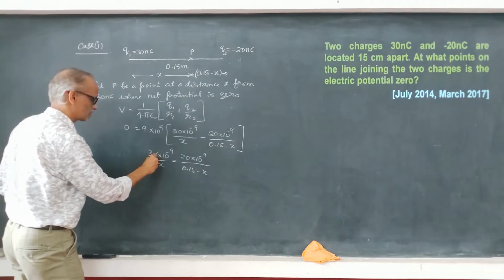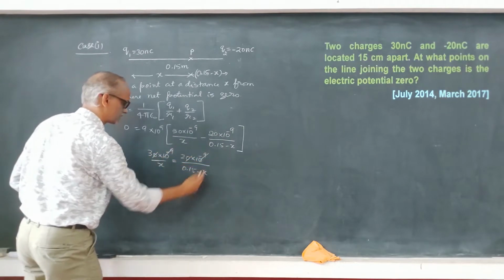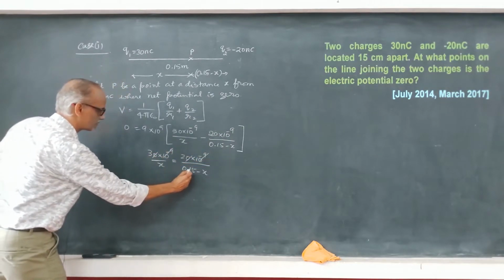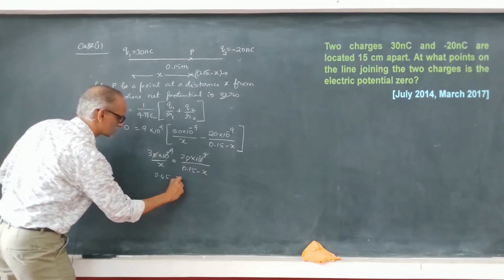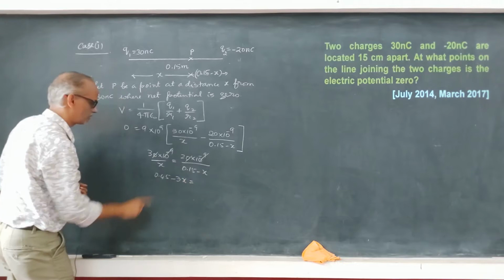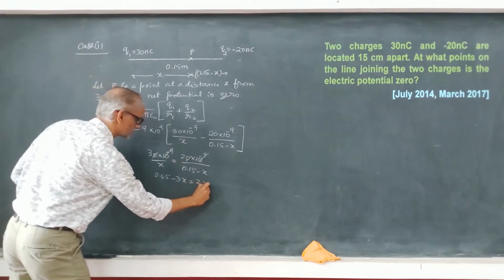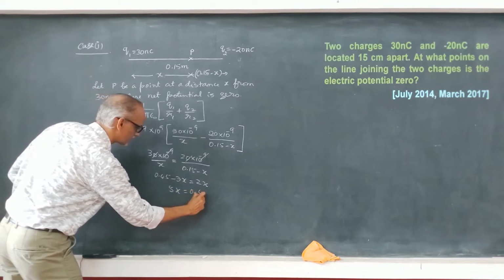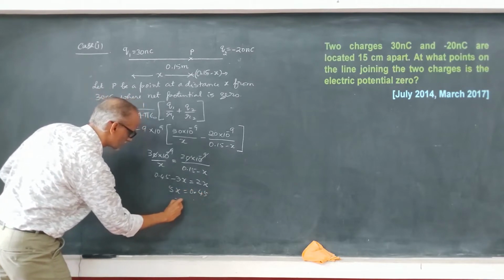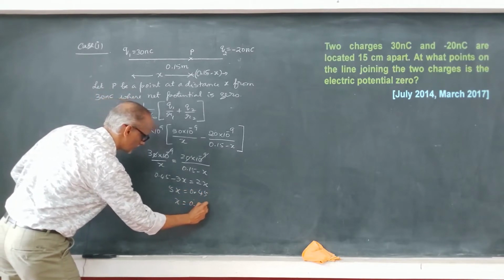So now the 9 into 10 to the power 9 will get cancelled, the power of 10 will get cancelled, and now cross multiply. 0.15 into 3 is 0.45, minus 3x is equal to 2x. So 5x is equal to 0.45, or x is equal to 0.09 meter.